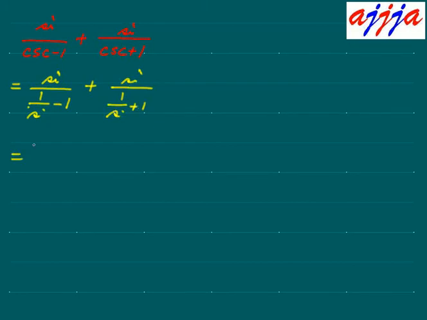Whoa, right. Now we put 1 over sine minus 1 over 1, actually that's sine over sine. So that means sine over 1 minus sine over sine, plus sine over 1 plus sine over sine.